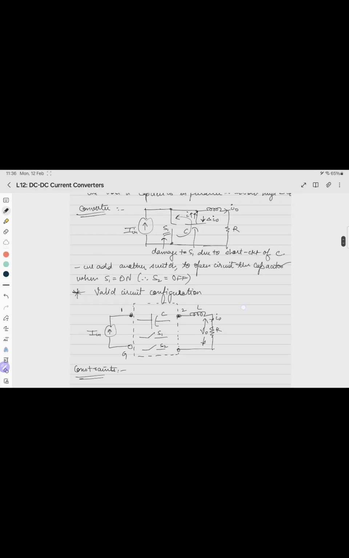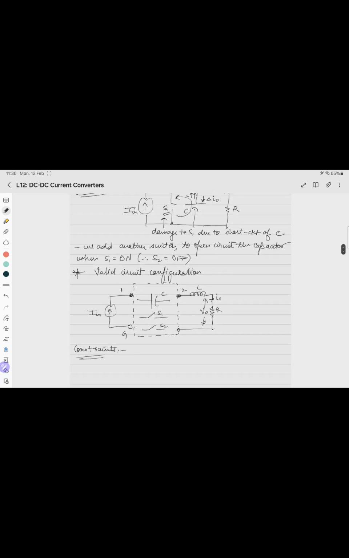So we'll see what the constraints are. First, we'll add two points in the assumption. Again the assumption is that L is high to filter out the current I0.